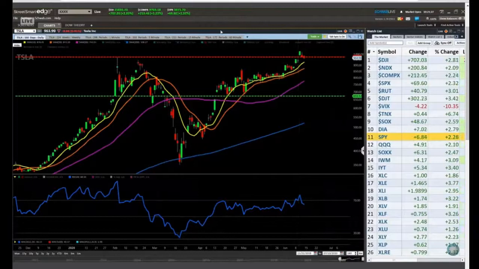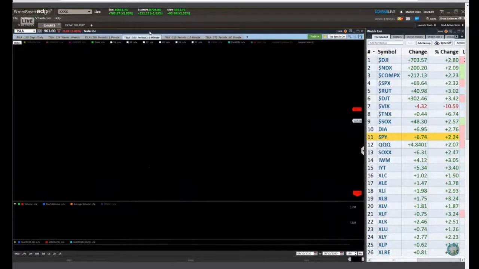The funny thing is, Lee, that 10-day is a ways away. We are at 963. The 10-day is 40 points away at about 926. So it's like 4.5%. So be aware of that.